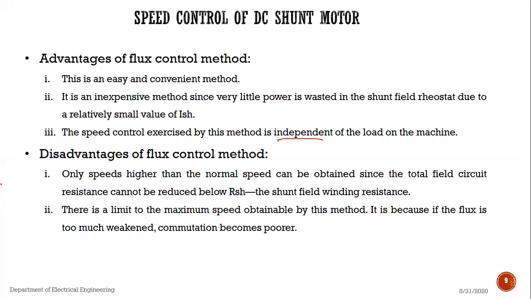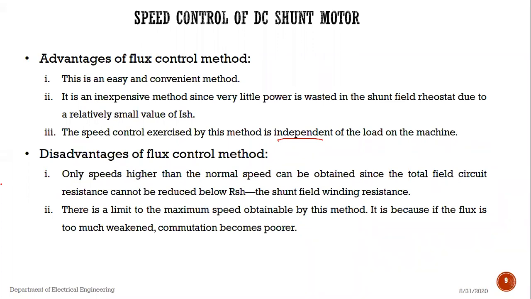Then if there are advantages, there are also disadvantages. Now see, as I told you, our motor can achieve a speed above the normal speed, which is very high, in a ratio of 1:3. So due to that, we cannot reduce our value of RSH below what is needed to obtain the normal speed. That value of resistance cannot be reduced below the shunt field winding resistance.